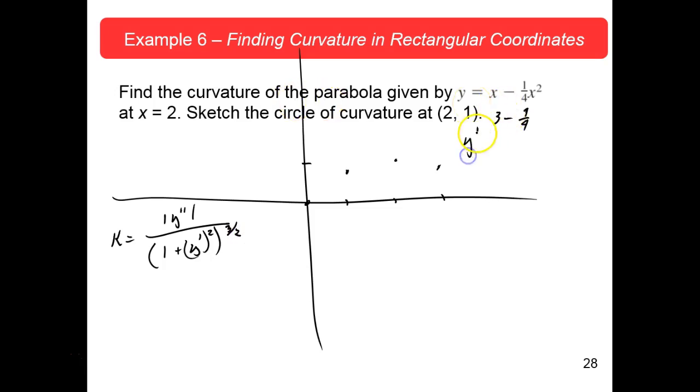Okay, y prime is equal to 1 minus 1/2 x. Okay, and y double prime is equal to negative 1/2. Okay, so your curvature is the magnitude of that second derivative at the point 2, 1.